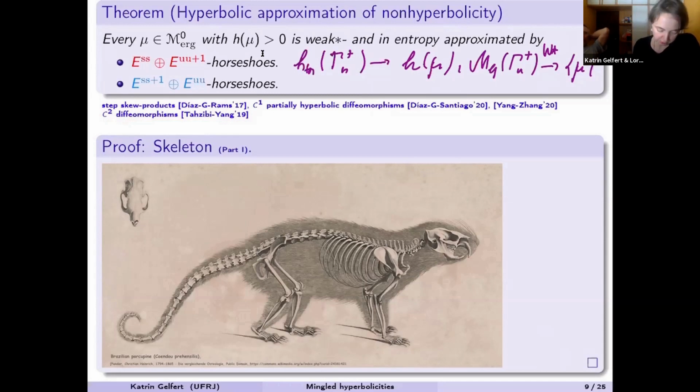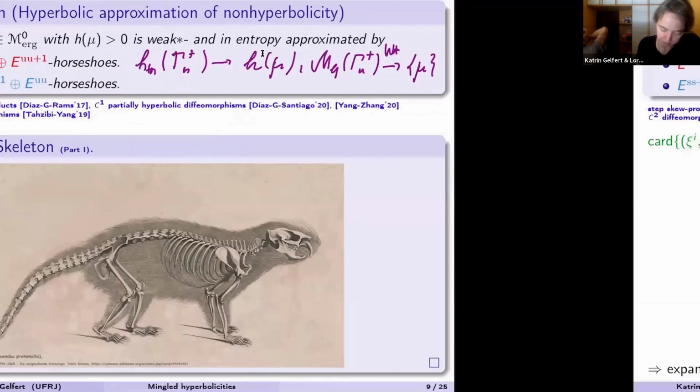I'm not going to talk about porcupines here, but I'm talking about one construction, skeletons, with which I would like to give a sketch of the proof of this theorem.